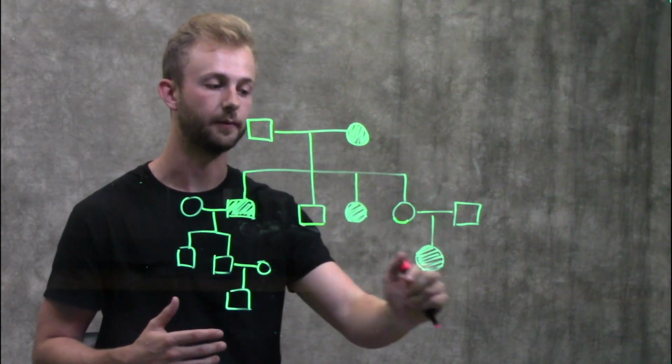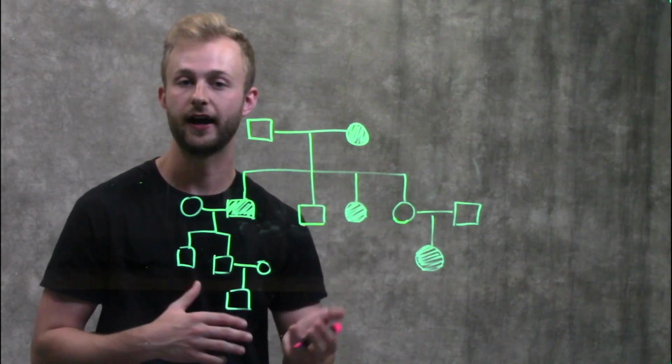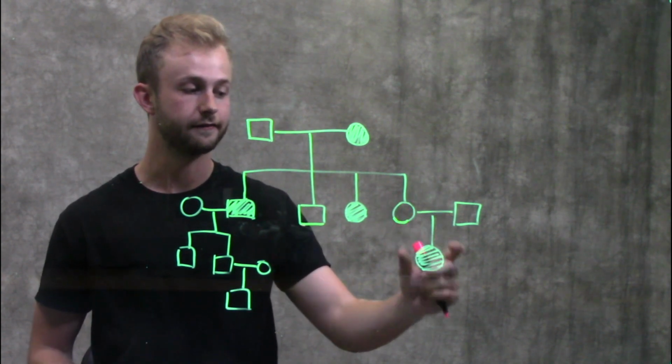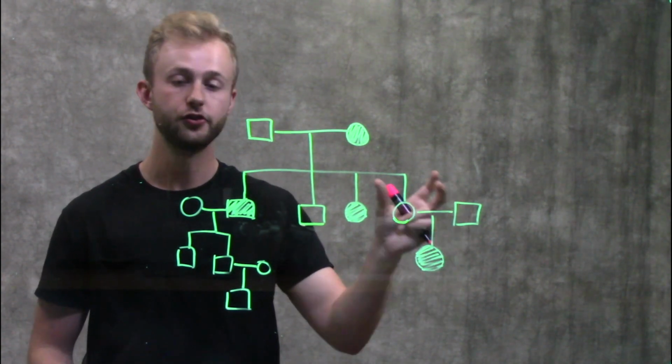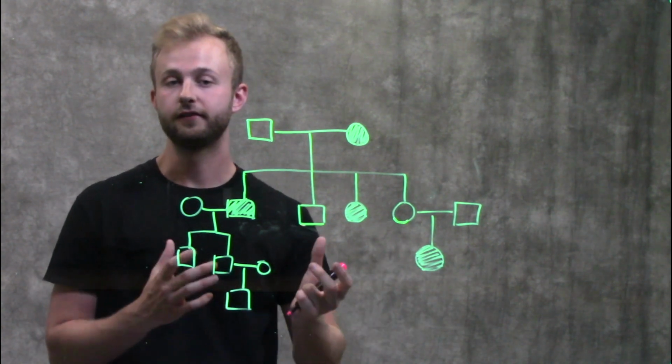Next we'll look over here. This grouping is really helpful in figuring out how this disorder is inherited, because we have an affected child with 2 unaffected parents. So we know right away what kind of disorder this is.